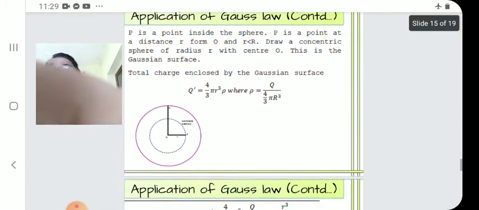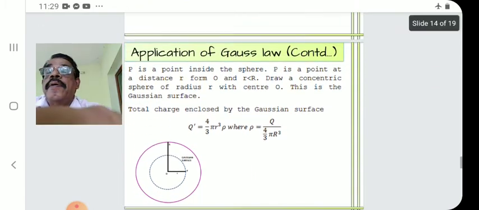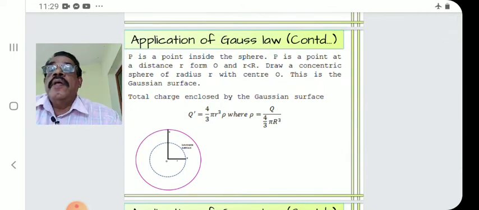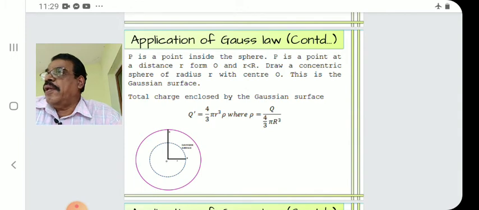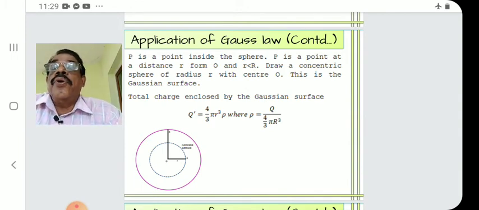P is a point inside the sphere, at a distance r from O, and r is less than capital R. Capital R is the radius of the sphere. Draw a concentric sphere of radius r with the center O. This is the Gaussian surface.